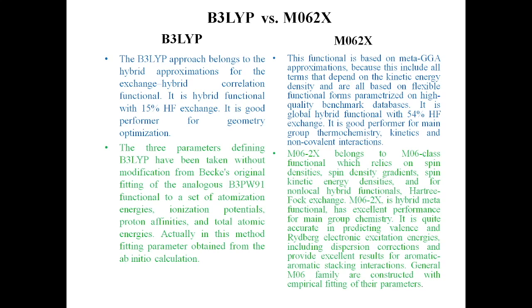It is quite accurate for predicting the valence and Rydberg electronic excitation energy, and including dispersion correlation correction, it provided excellent results for aromatic stacking interaction. The general M06 family is constructed with empirical fitting of other parameters.